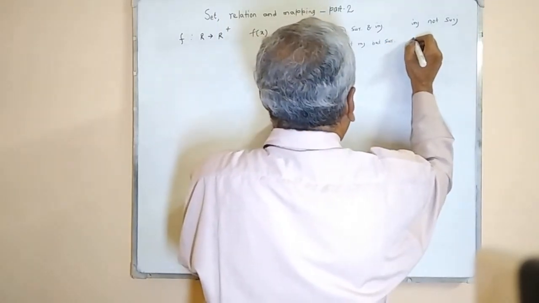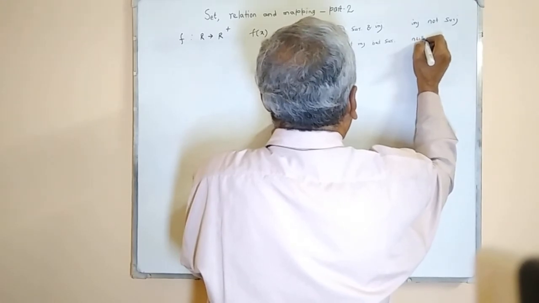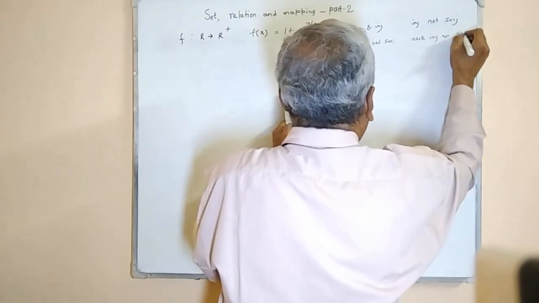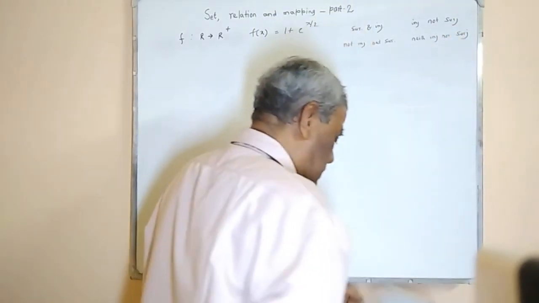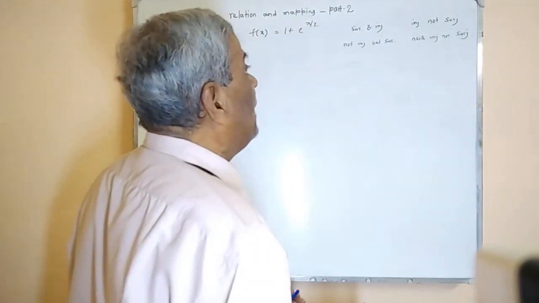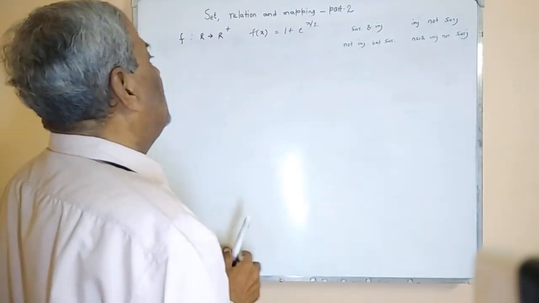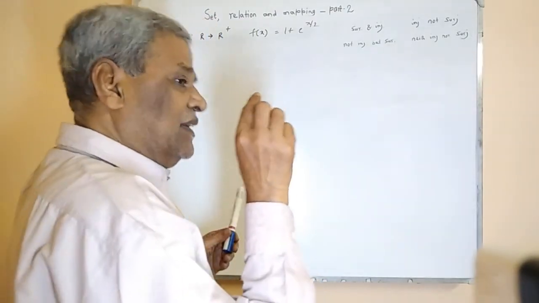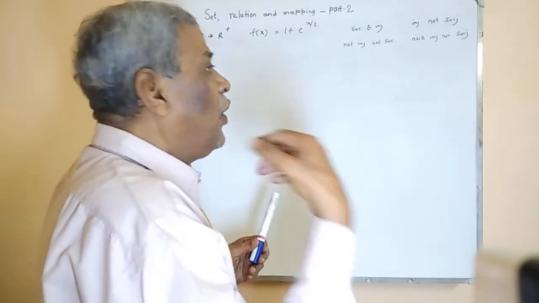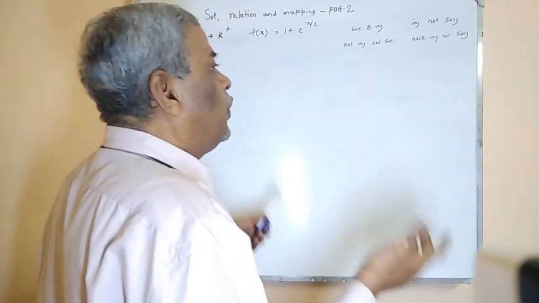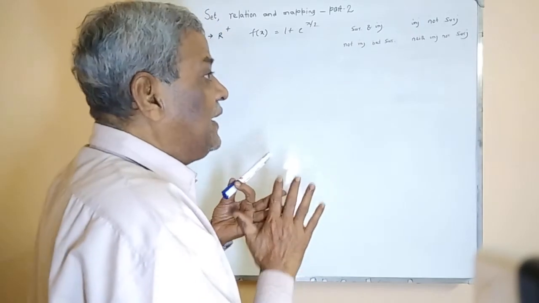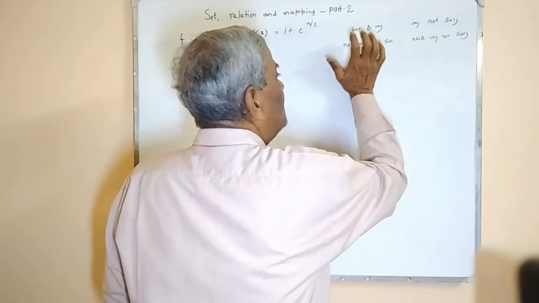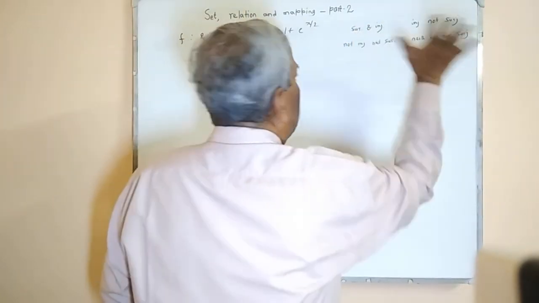Neither injective nor surjective. So one mapping is given, and we have to find whether it is injective (one-one), many-one, into or onto, and then from our result we can say which option is correct.